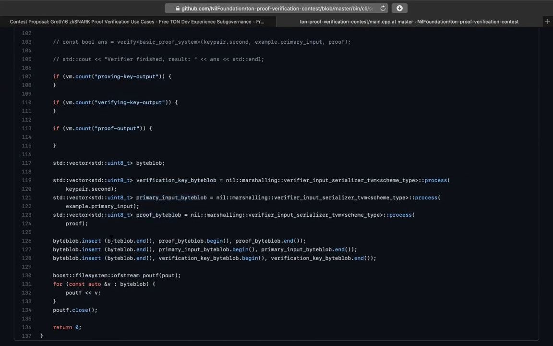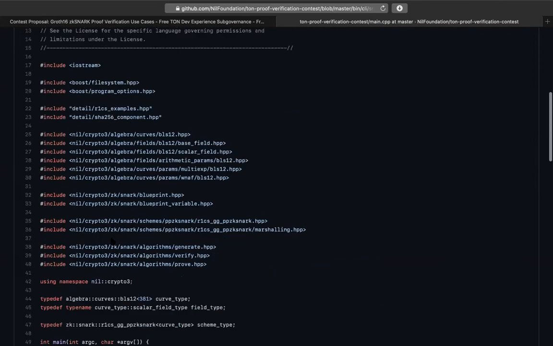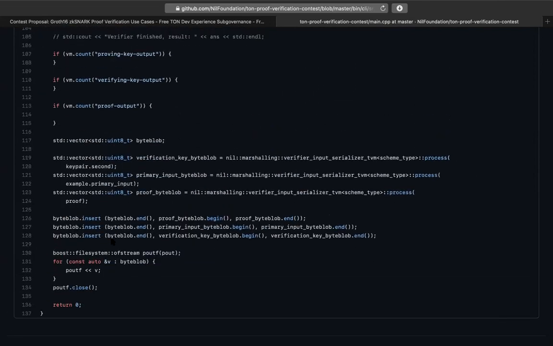The proof byte blob output of this CLI utility is what you are expected to put into the verification instruction. So these are the two parts of how to verify the participant's submission, with his key pair and with your own key pair, to make sure the participant is honest.